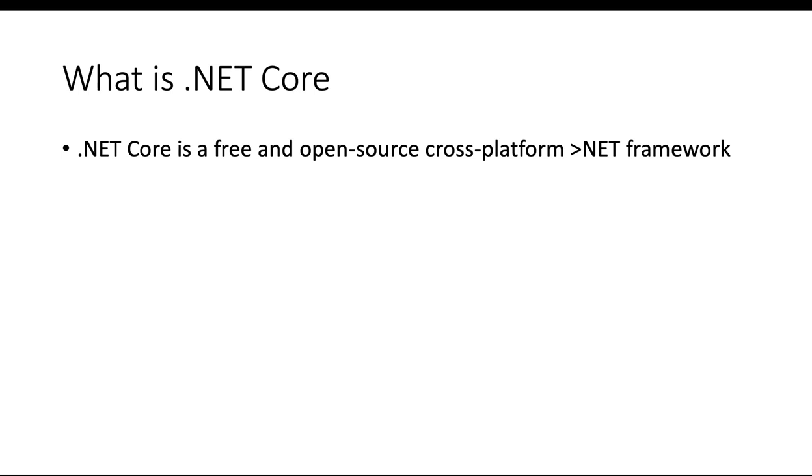It's not free, so you have to have a license or pay for it, and since it's not open source, you can't see its source code. And .NET Core is cross-platform, and that's amazing, which means that .NET Core runs on various platforms, such as Windows, Linux, Unix, Mac OS, etc.